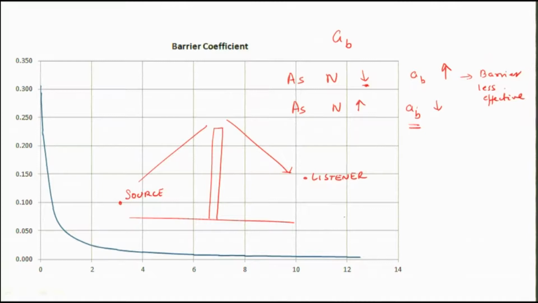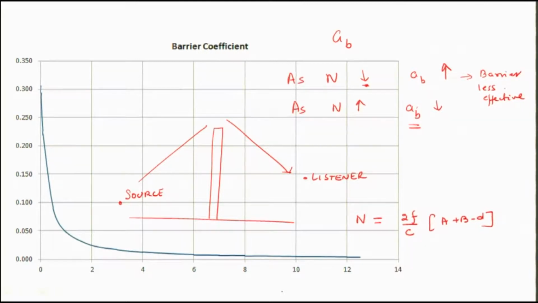Now, we have written that N equals twice the frequency divided by C, times A plus B minus D. So, as I reduce my frequency, N becomes less and AB becomes more. So, more diffraction happens at low frequencies.